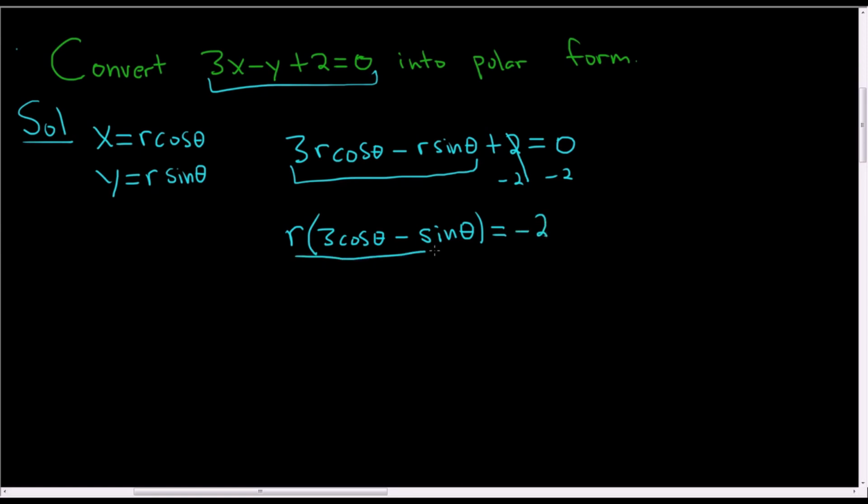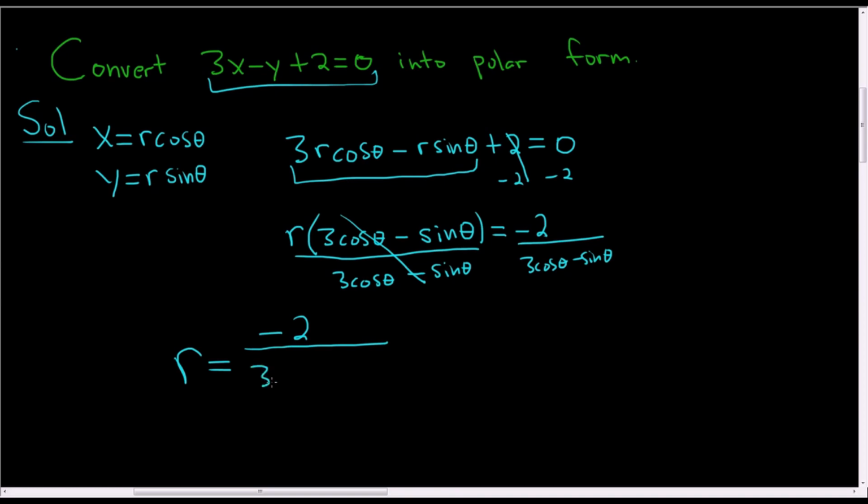Finally, we'll divide by 3 cosine theta minus sine theta, and divide the other side as well, and we end up with what we want. So r is equal to negative 2 divided by (3 cosine theta minus sine theta). And that is the final answer.